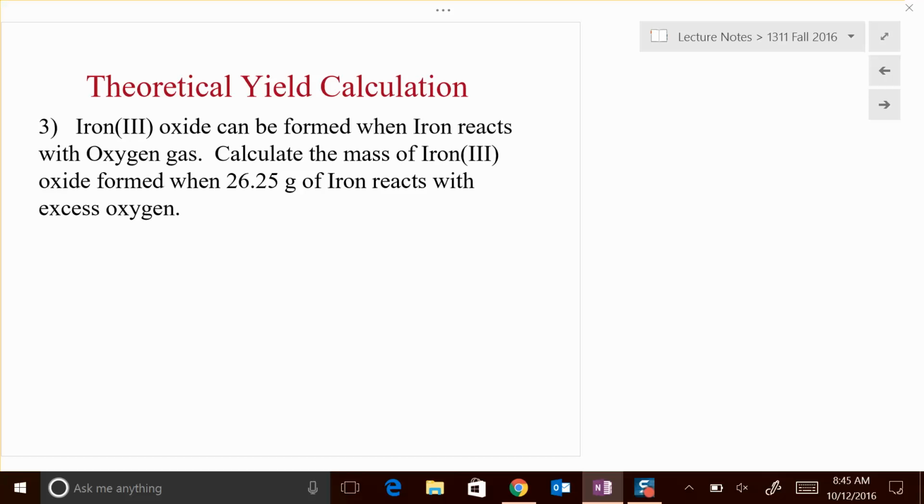That's the 2 Fe, Fe2O3, and that's the balance. So first, oxygen is 2 minus, so then the formula is Fe2O3.